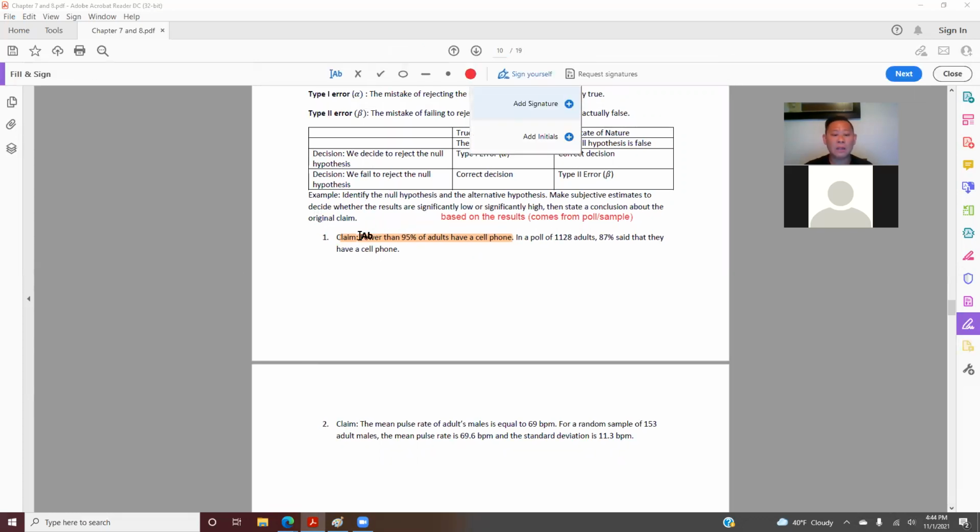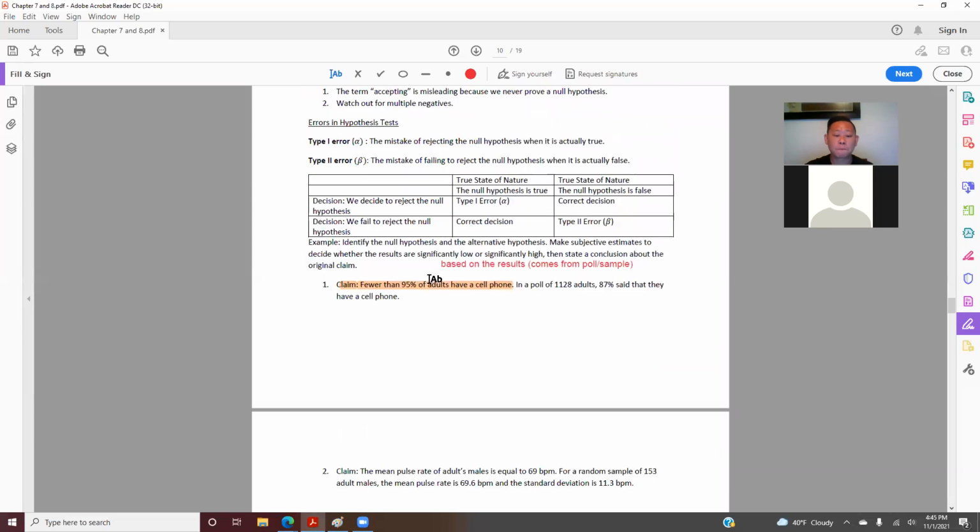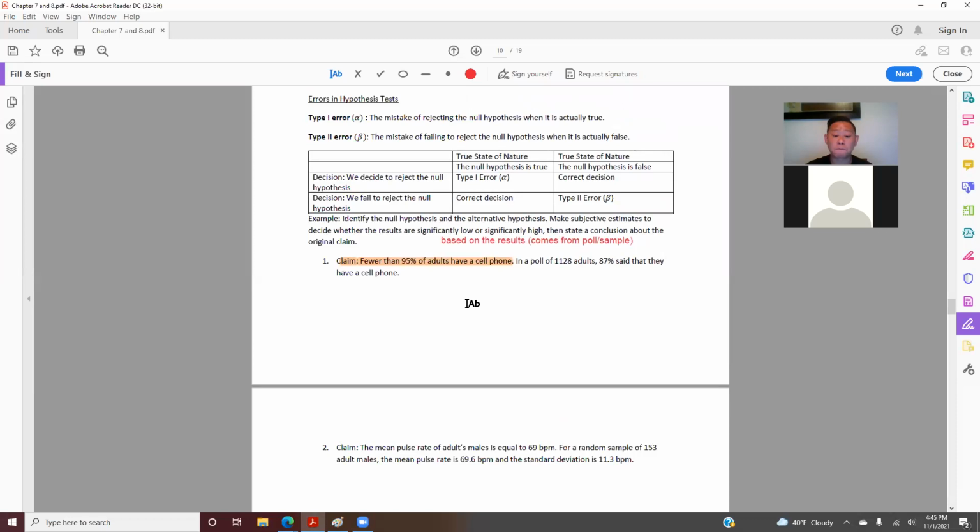Can someone tell me, if I give this, fewer than 95% of adults have a cell phone, is this talking about mean or proportion? Proportion. This is talking about P, proportion.